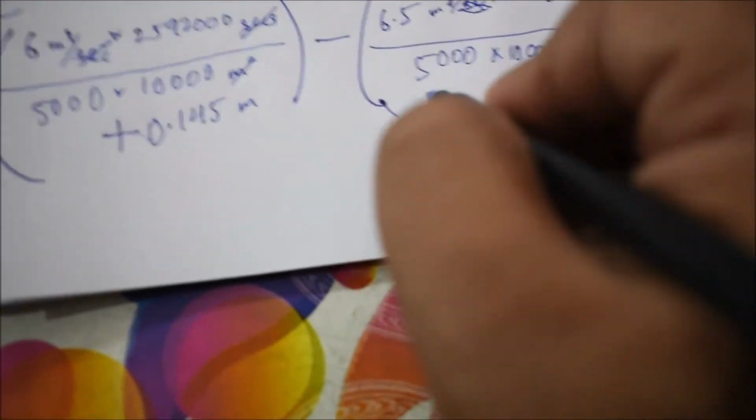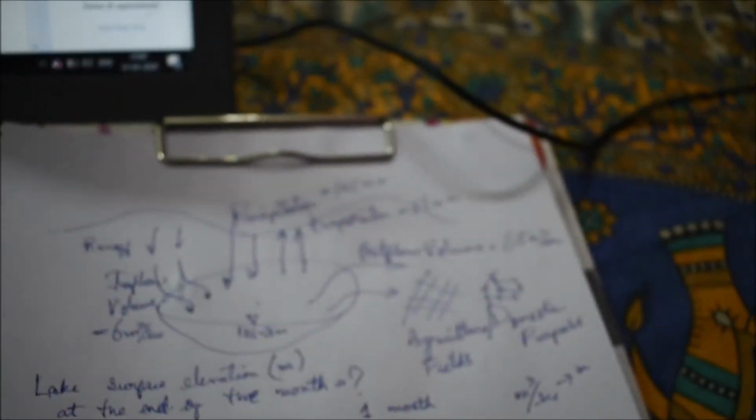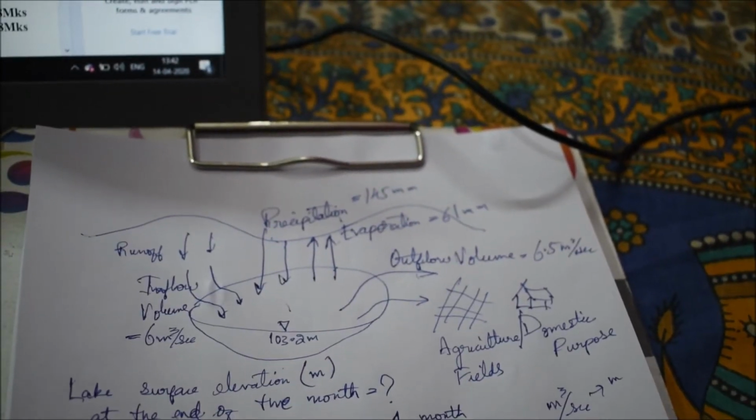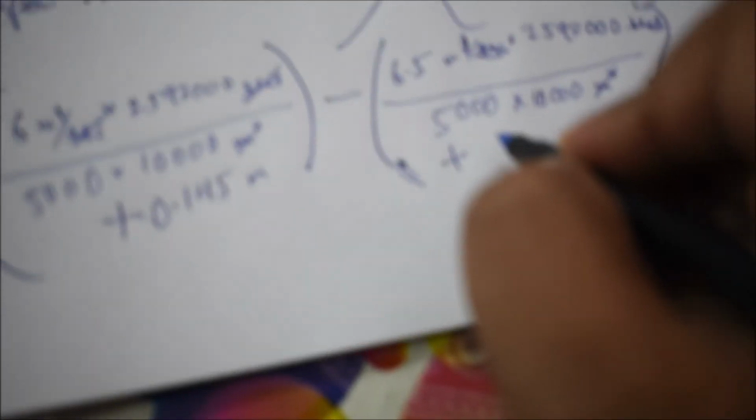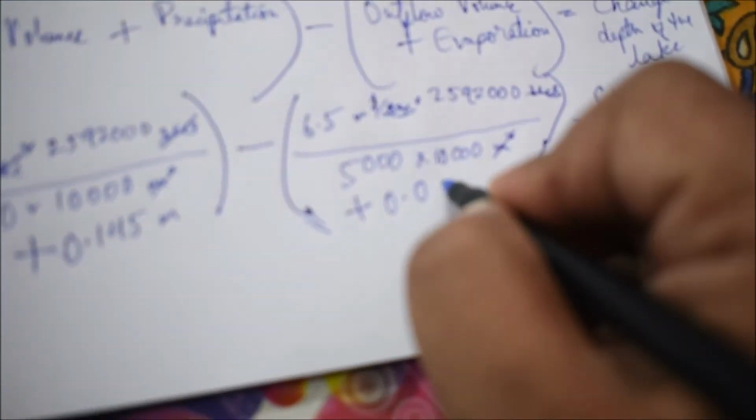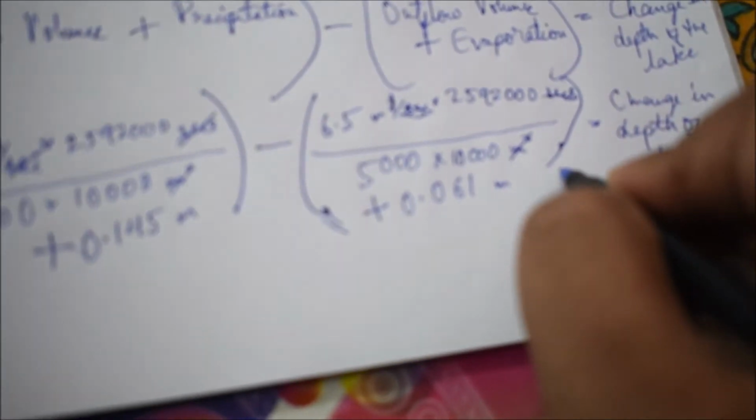Here it will become evaporation. Evaporation is 61 mm, which will become 0.061 meters.